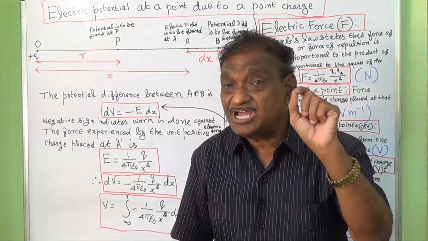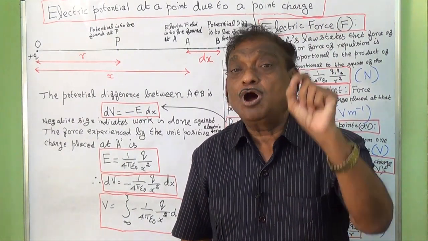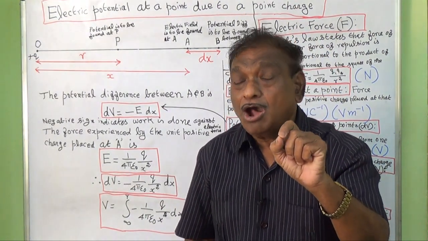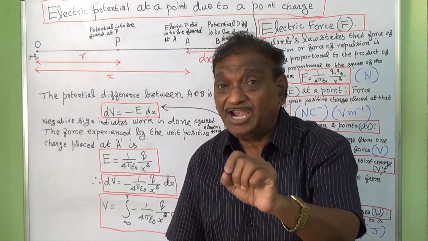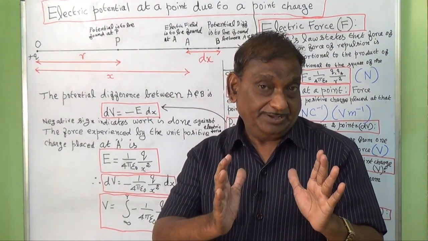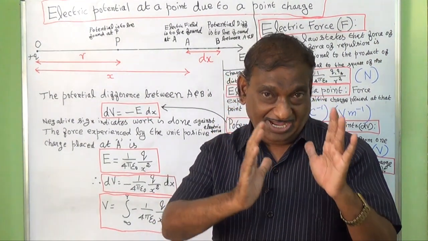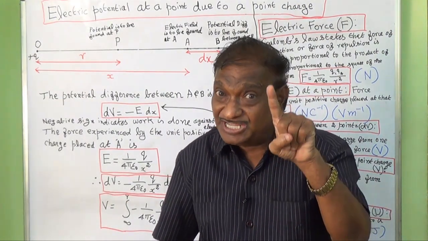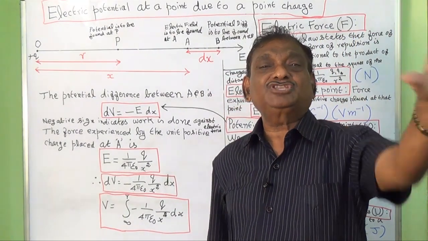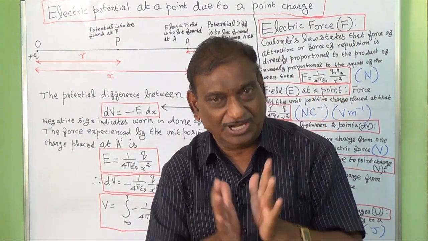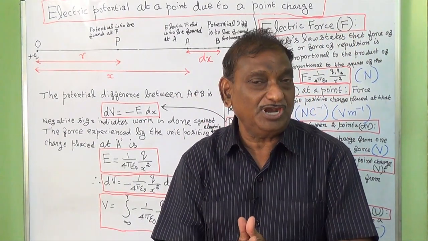For what purpose the small letter R or the small letter X has been written, that is important. This R or X represents the distance between the charge and the point at which we are going to find the electric field.